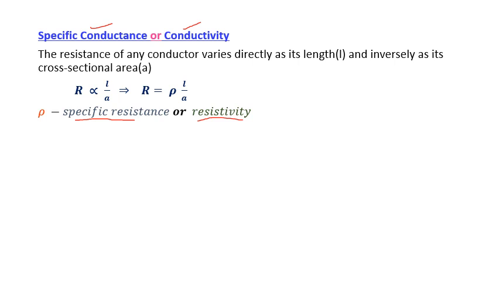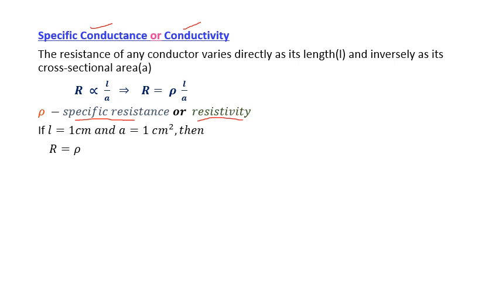Okay students, next. If L equals 1 centimeter and A equals 1 square centimeter, then put L equal to 1 and A equal to 1, and what you will get? R equals rho.